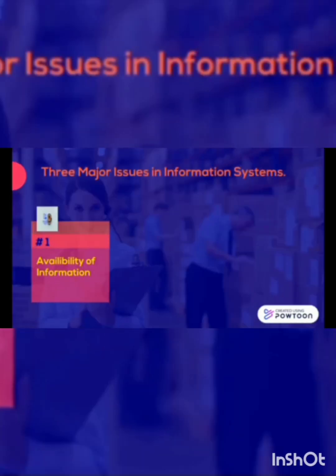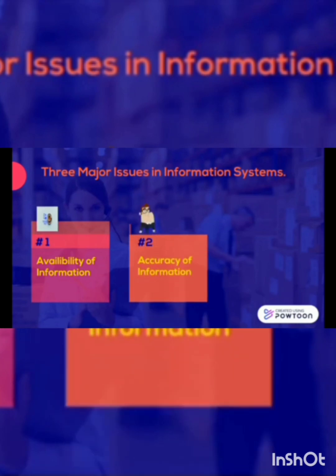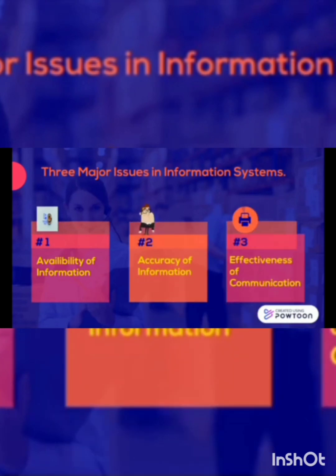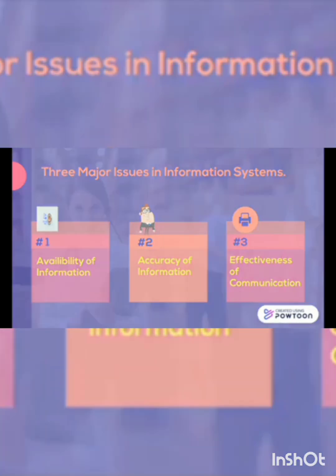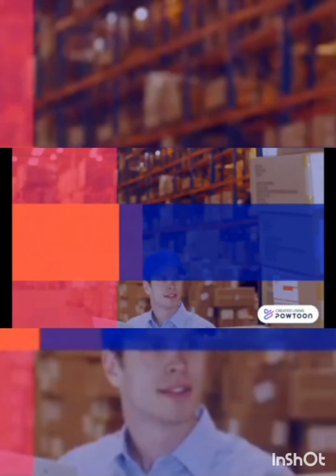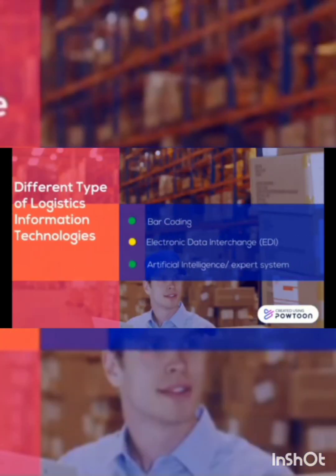Coming to the major three issues in information systems, they are: first, availability of information; second, accuracy of information; and third, effectiveness of communication. If we overcome these issues, it will help the organization run its logistic system efficiently.